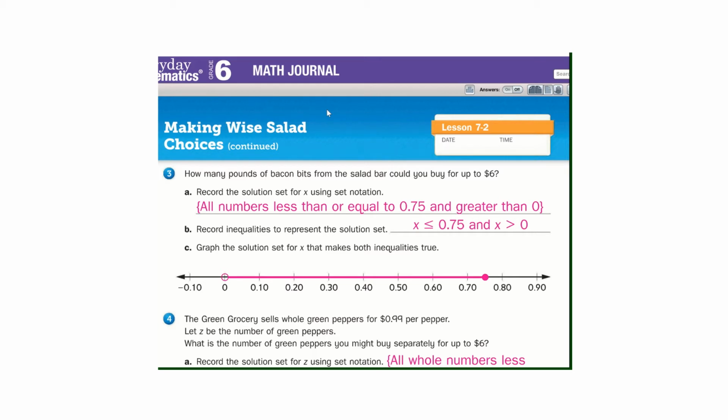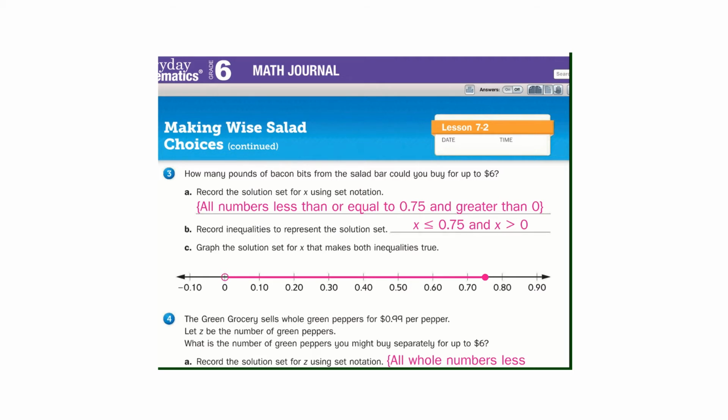And you get 0.75. So all numbers less than or equal to 0.75, 3/4. Again, X is less than or equal to 0.75, and they're assuming you're buying some, so X has to be more than 0. So there is the graph on the number line.